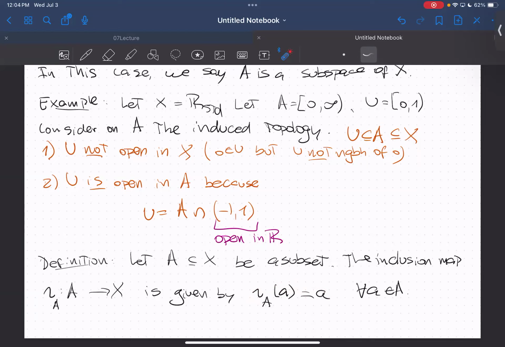But the little a's are only in A. I cannot define iota for an element outside of A. But isn't A a subset of X, and little a's are inside of big A? Yeah. So every little a that I'm considering is an element in X, but here I don't want to consider any element of X, just some of them.